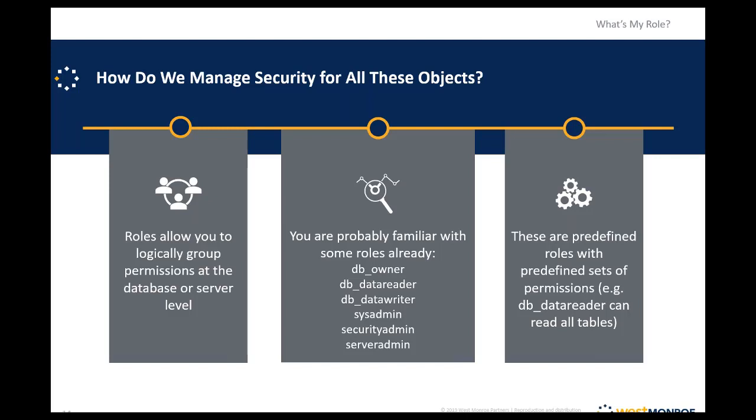And the answer is database roles, right? So roles allow you to logically group permissions. So you saw a bit earlier that I was granting individual permissions to individual objects, right? That gets really frustrating really quick, and it's kind of painful to manage. But we can group these using database roles.